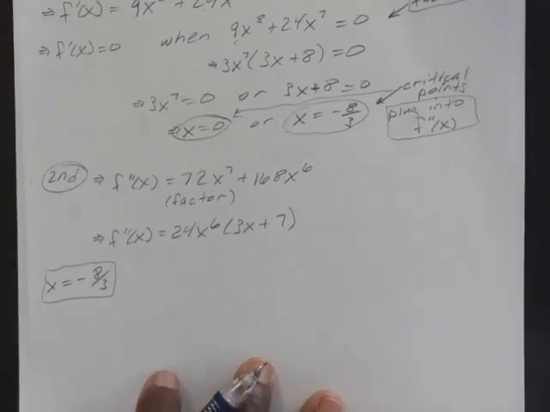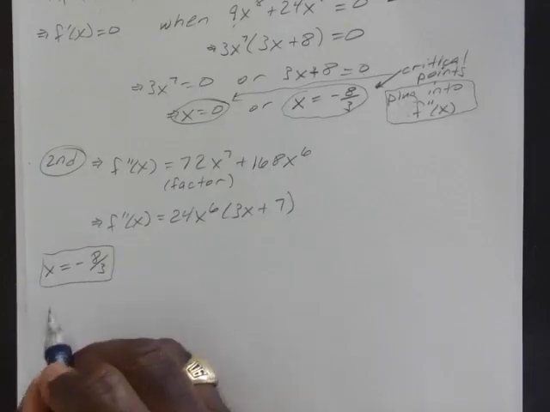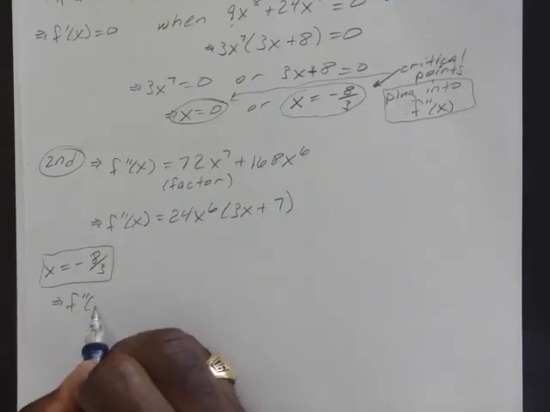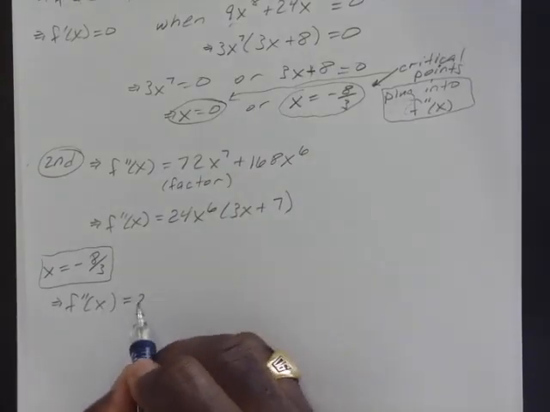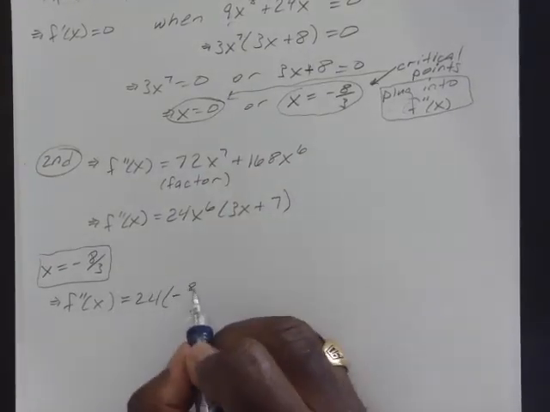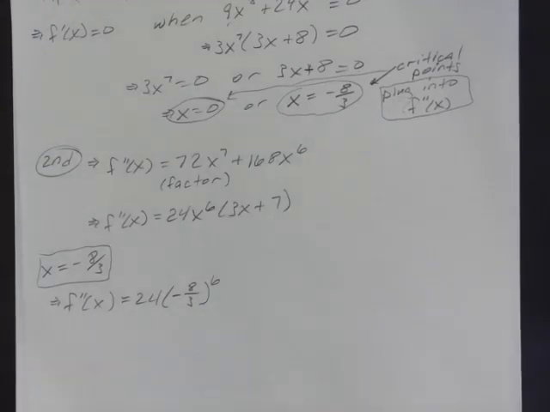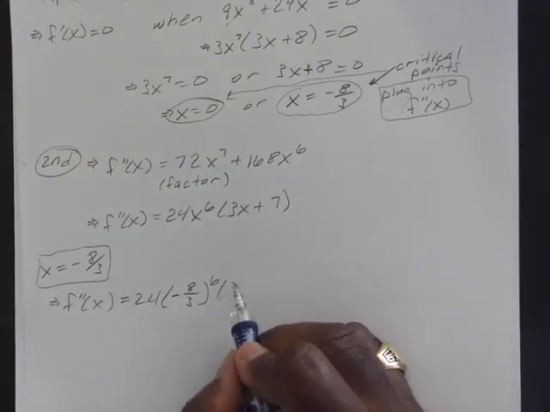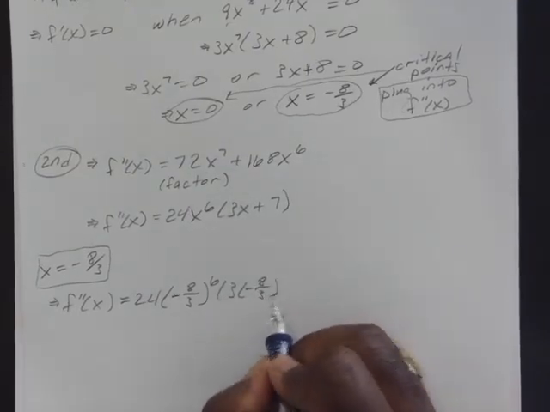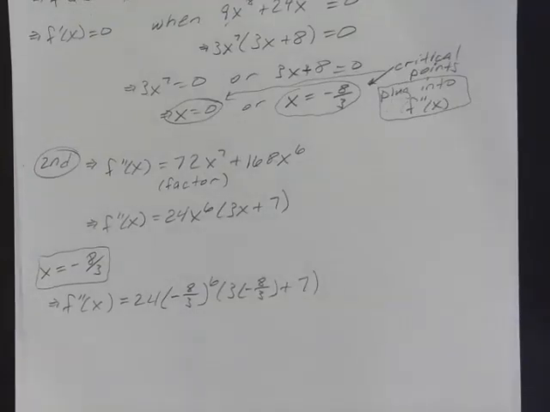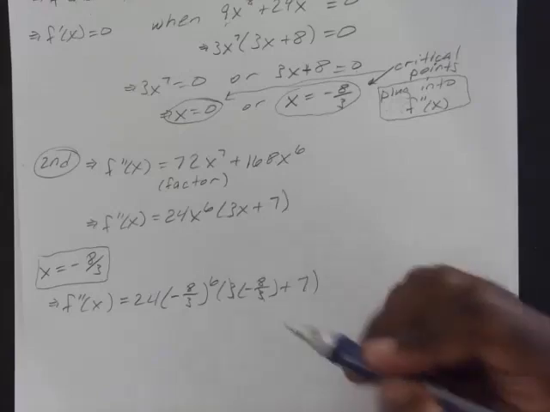That means our second derivative is 24 times negative 8 over 3 to the 6th power times 3 times negative 8 over 3 plus 7. Okay, so the 3's here cancel each other out.